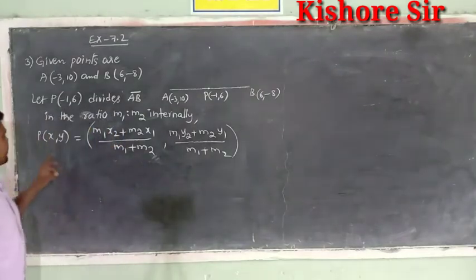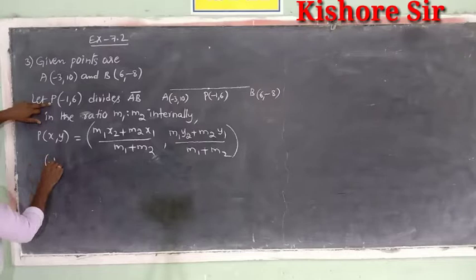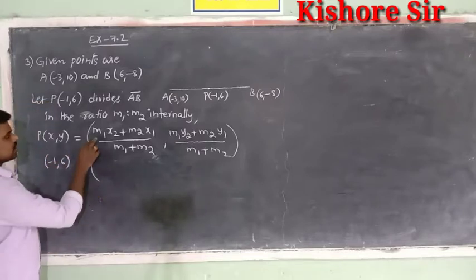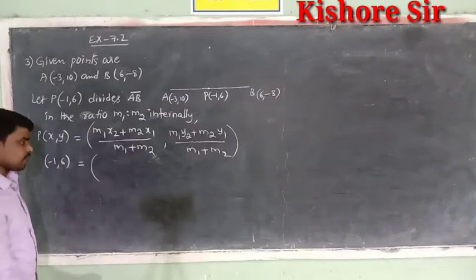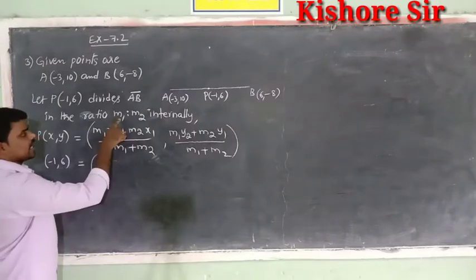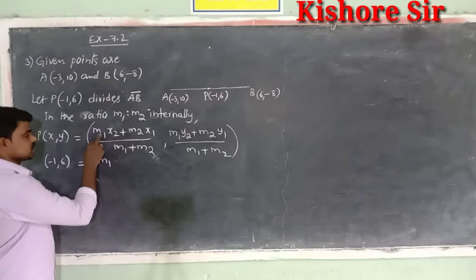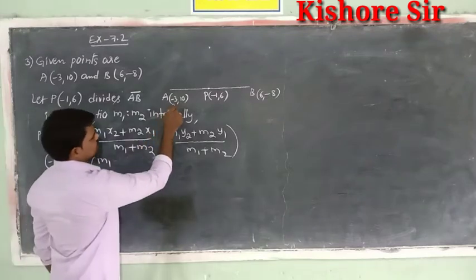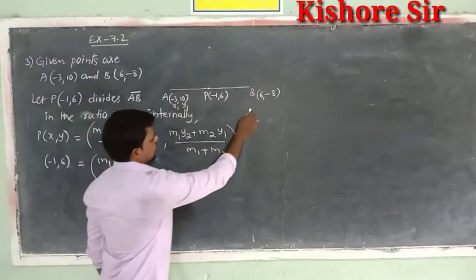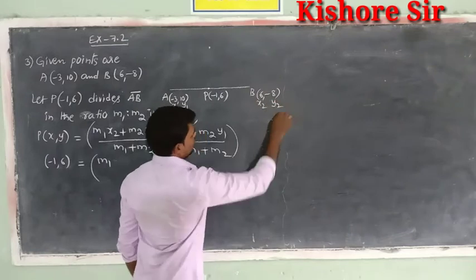See here, P(x, y). The point P is (-1, 6) is equal to... We have to find m1 and m2. The first point is (x1, y1), the second point is (x2, y2).